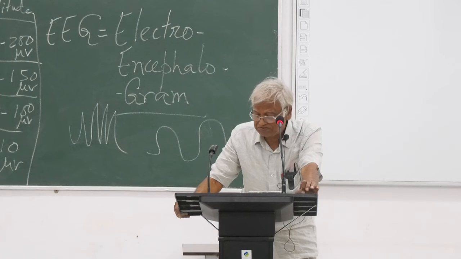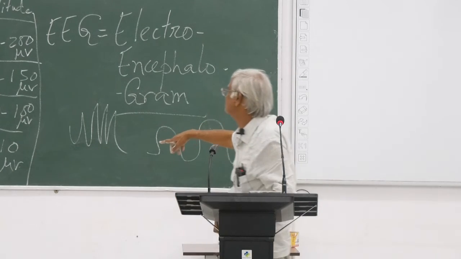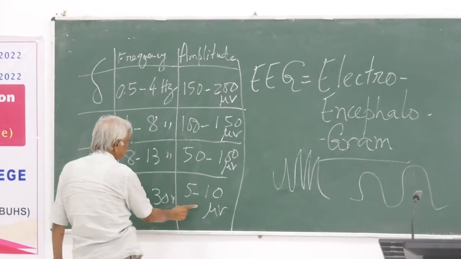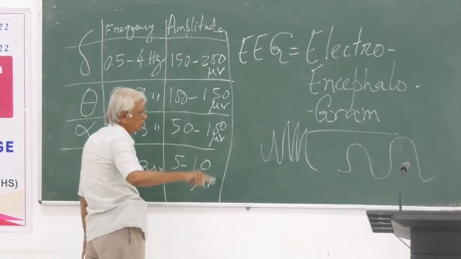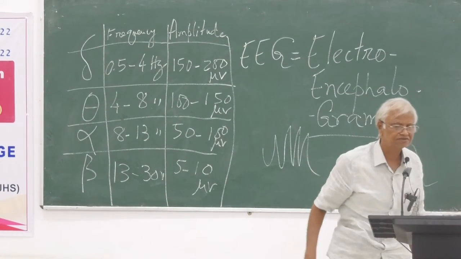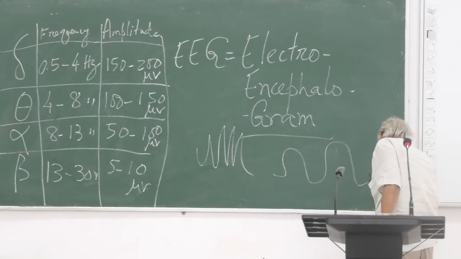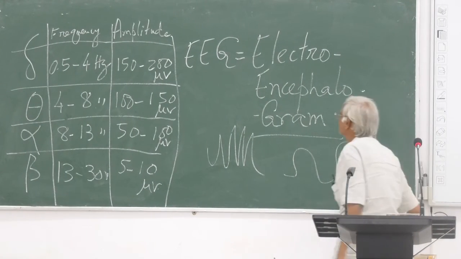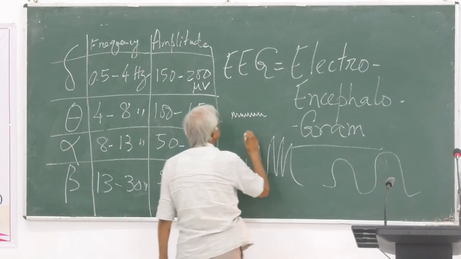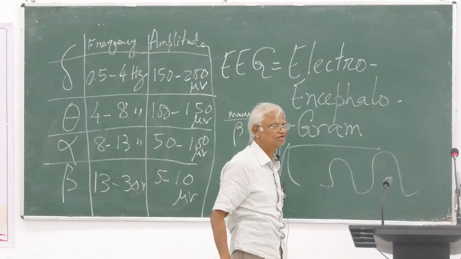Now, what is beta wave? We all know. Frequency is very high, amplitude is very low. This is the beta.